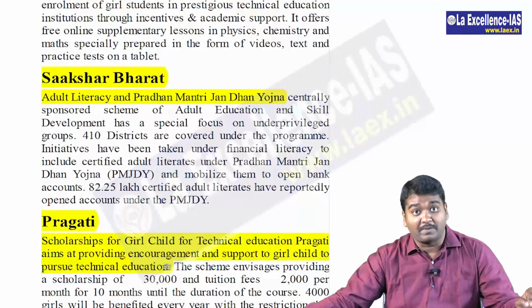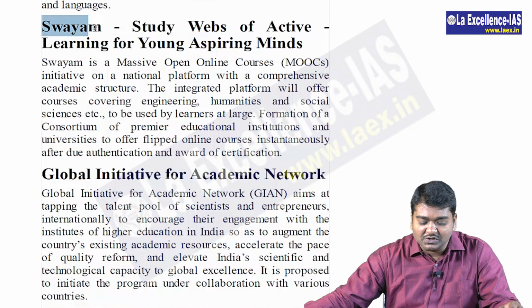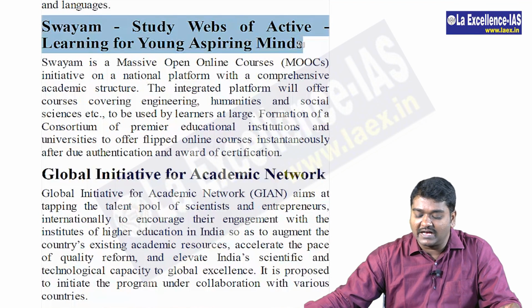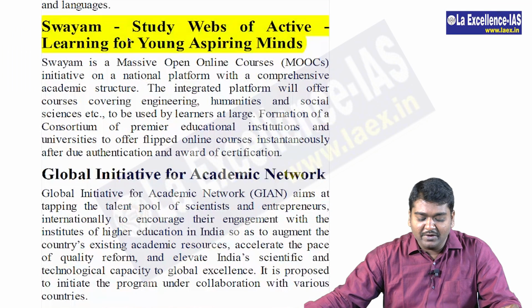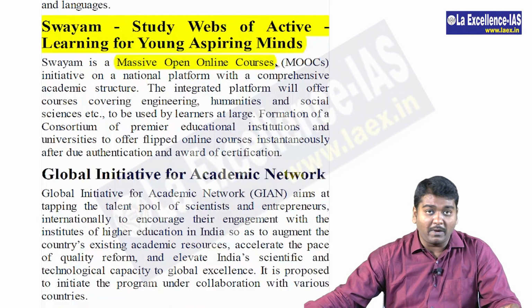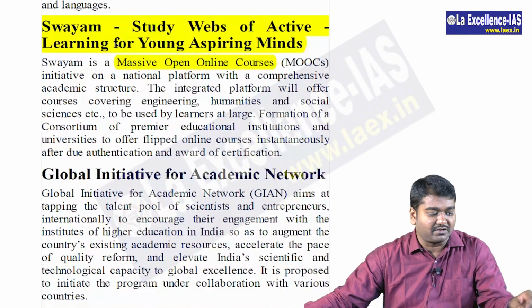UDAN is also for that, Pragati is also for that. Then in page 251, you have to focus on Swayam, study webs of active learning for young aspiring minds. Very, very important. They actually focus on massive open online courses just to ensure that students can sit at home and get skills, right? So this is also important.